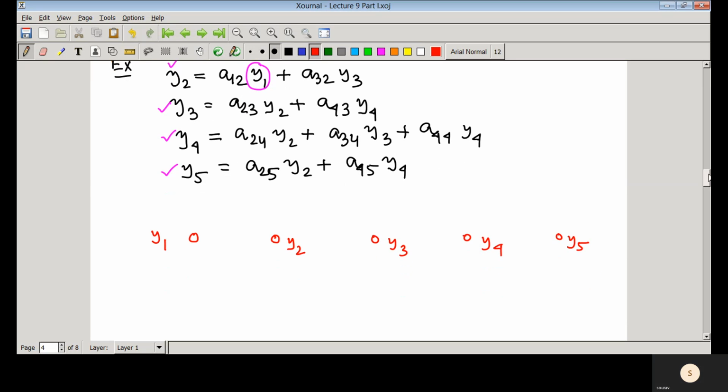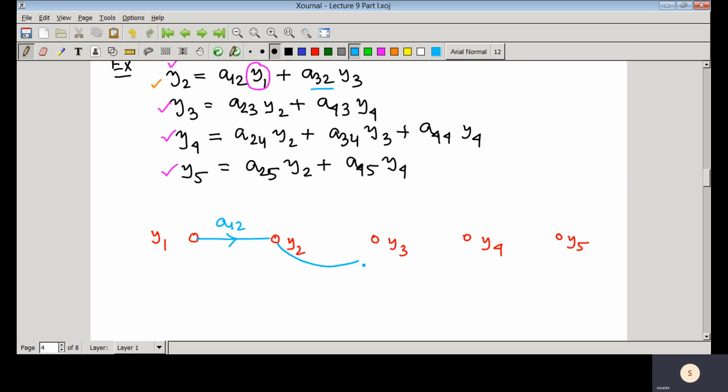Then what is Y2? Just concentrate on this particular algebraic equation. So Y2 equal to A12 into Y1. A12 into Y1 means there is a path here, and the gain of this path is A12. And there is another term here, that is Y3.